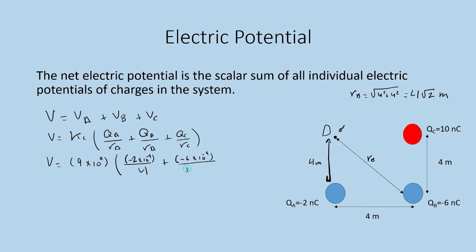So over 4 radical 2 plus Qc, which is 10 nanocoulombs, so 10 times 10 to the power of negative 9, over Rc, which is the distance from C to D, the same as 4 meters there, so over 4.